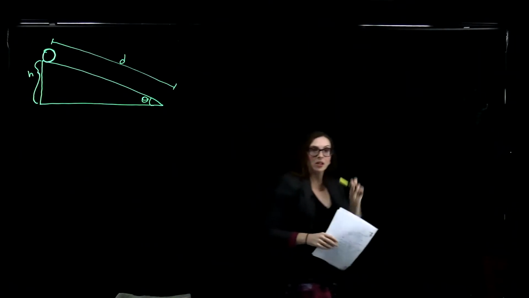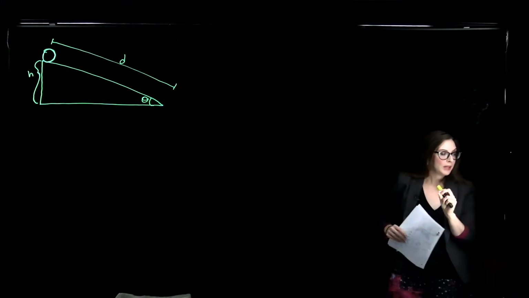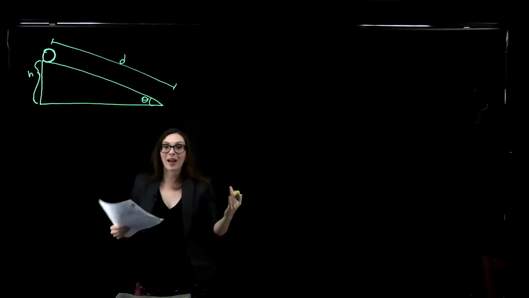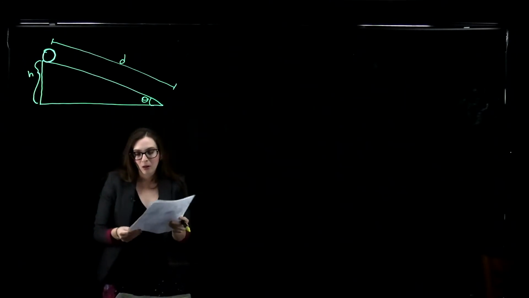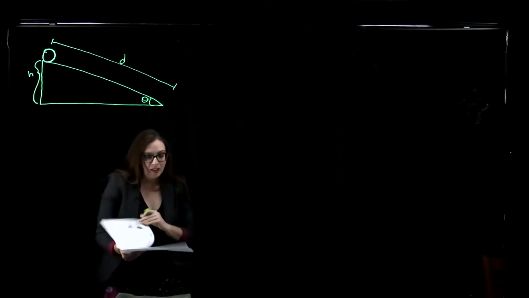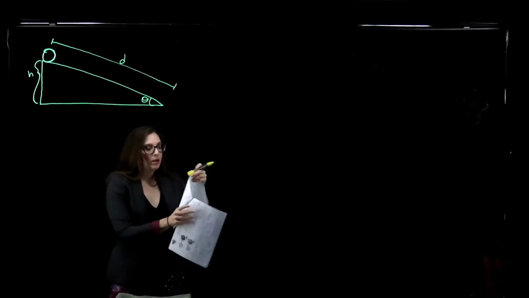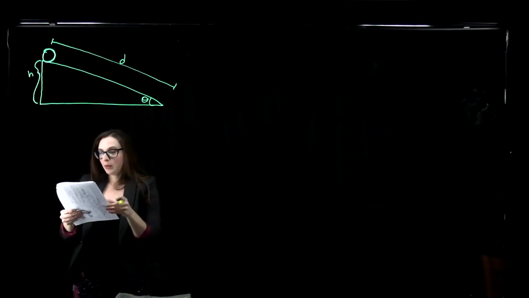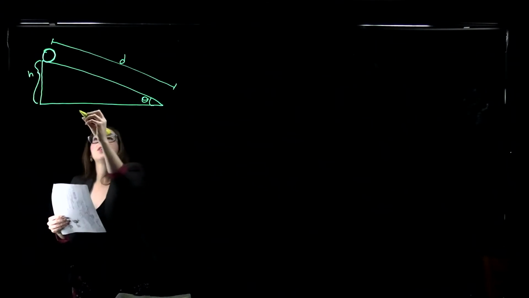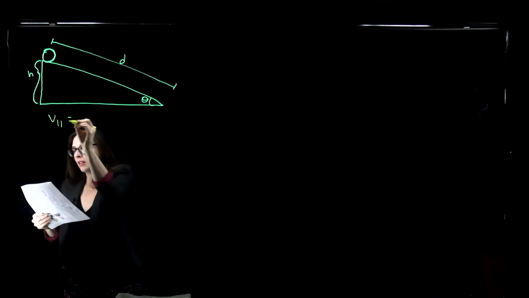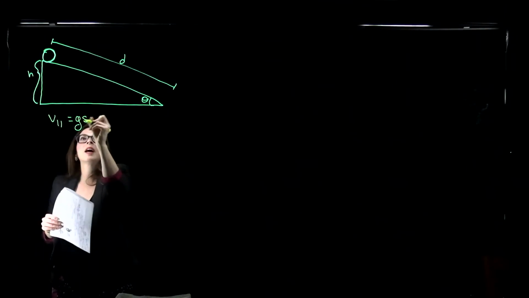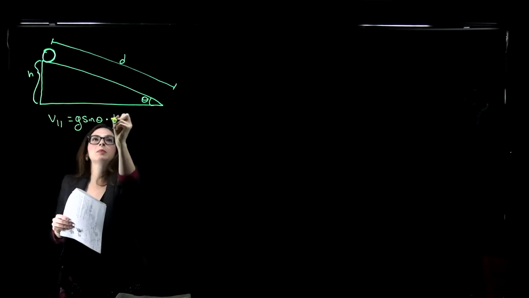I'm not going to walk through that entire problem again, but if you look back at the notes and that video, the velocity at the bottom of the incline we wrote as V parallel equals g sine theta times t.